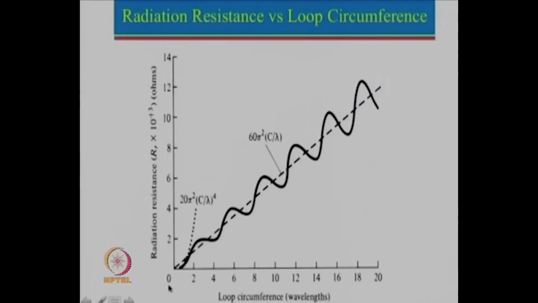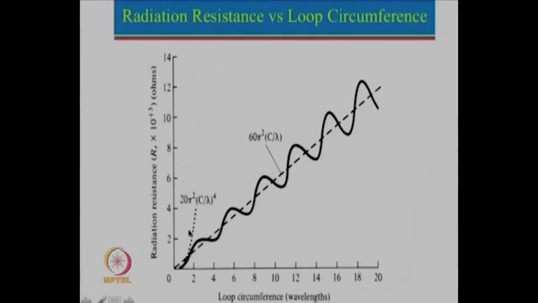Now these are the relations for radiation resistance versus loop circumference. So the actual calculated value is something like this here, which varies sinusoidally but increases along this line here. This particular variation has been approximated by two equations.